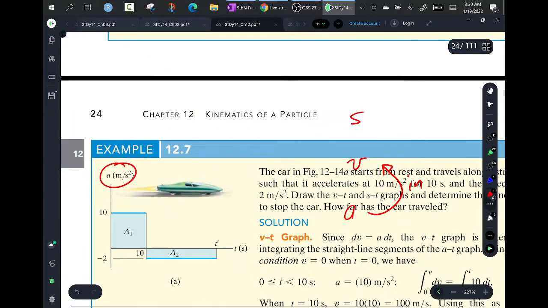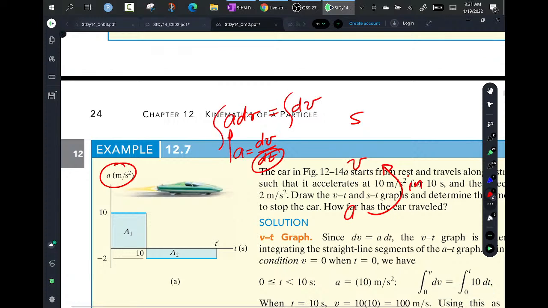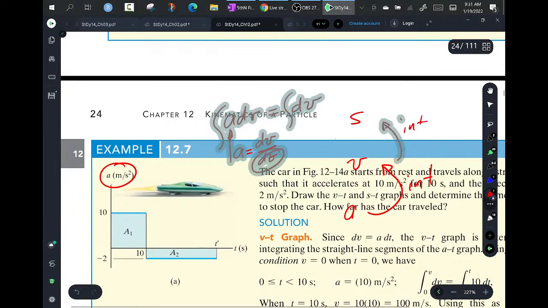So this time I have to take the integral. In other words, A = dv/dt, move the dt over, and I'll have acceleration dt = dv. So if I'm given the acceleration and I need to get the velocity out of it, I've got to integrate, and I've got to integrate again. It's that simple. So let's see how he does it.